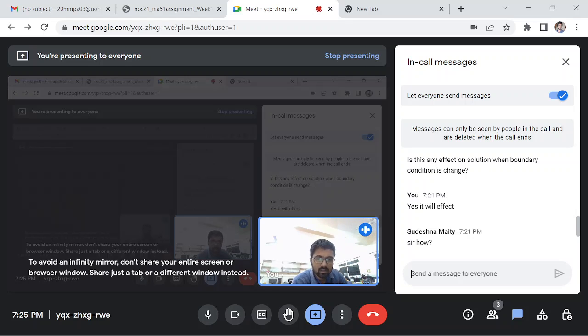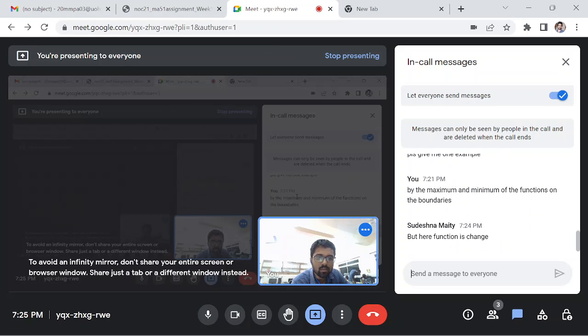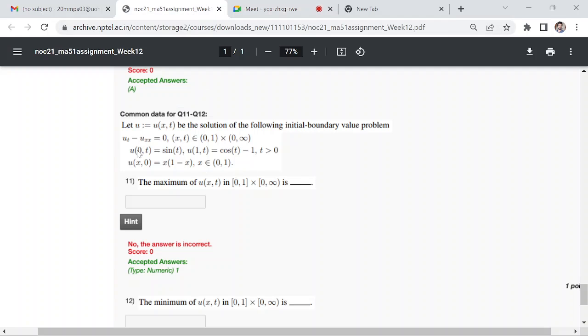Boundary condition change means the function is changing, right? Or do you want to say that the points 0 and 1 are changing? If you want to put u(0,t) and u(2,t), something like that, then there is no effect on the solution, because it does not depend on where the boundaries are. It depends on the functions that are defined on the boundary.